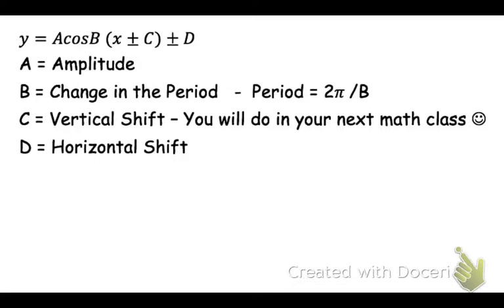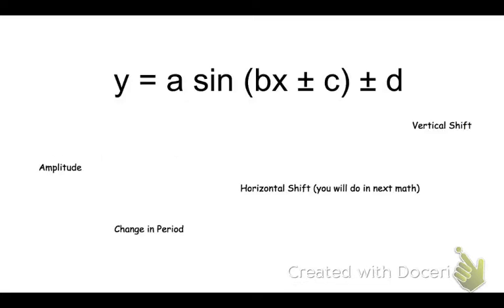Now, just so you know, you may see it like this. One of the main differences is we're using lowercase letters instead of uppercase letters, which does not really matter. A second difference you might see is we have sine instead of cosine. Again, you can replace sine with any of the 6 trigonometric functions. We can do this with sine, cosine, tangent, cosecant, secant, or cotangent.